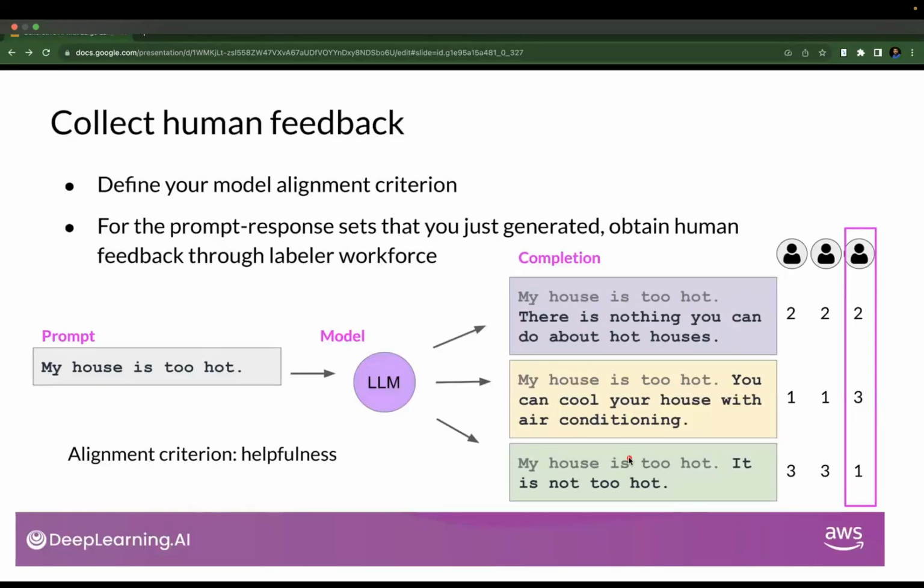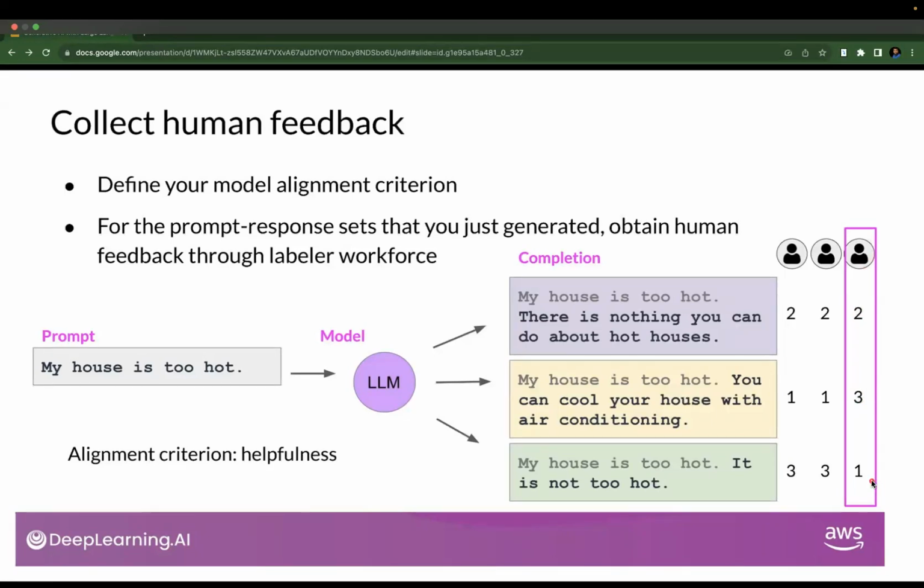And because a single labeler can be biased or may not always be correct, we can use a set of labelers, and we can take the output of the quorum. For example, we can have 3 labelers, and if one of the labelers did not understand the instruction well enough and ranked the completions in a different order, it will not impact the overall ranking.